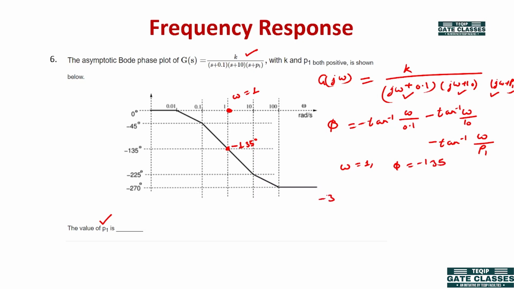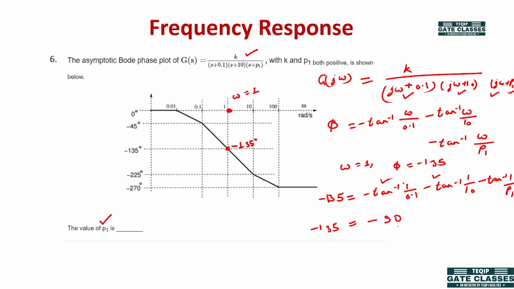So we get 135 is equal to minus tan inverse 1 by 0.1, minus tan inverse 1 by 10, minus tan inverse 1 by p1. If we solve these two, we get the angle minus 90 degree. If you have a scientific calculator, please pause this video here and cross check it once.